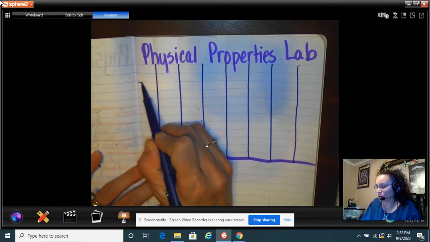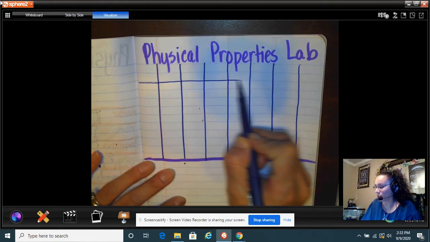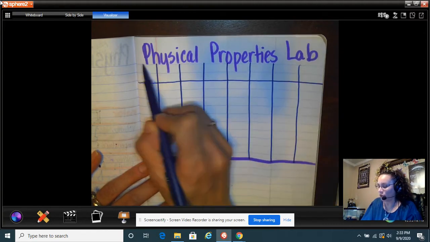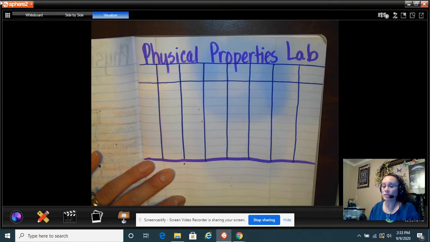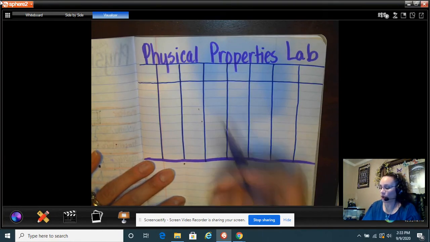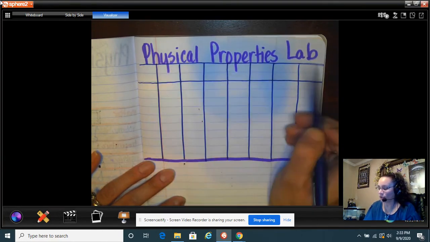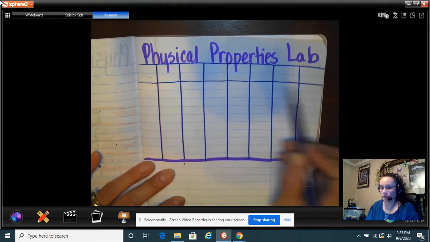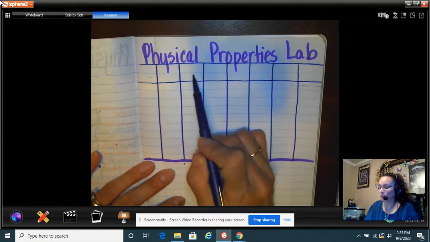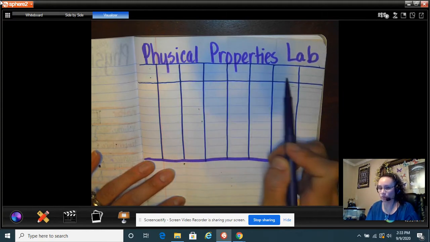I'm going to do a horizontal line after skipping 2 lines. I'm going to underline my title. Now you see it coming along. So I have a line under my title. I skipped 2 lines and then I drew another line because this is going to hold my information for tomorrow.